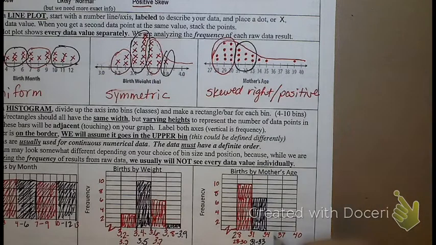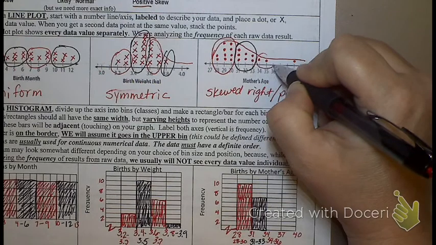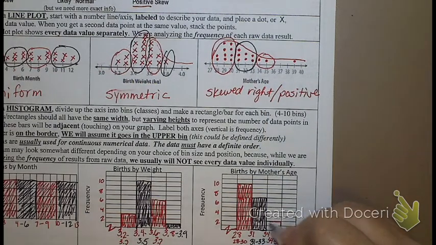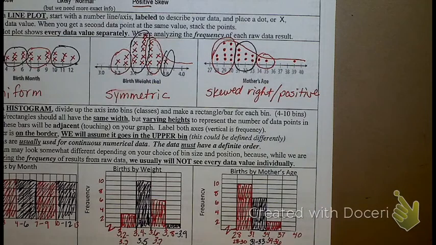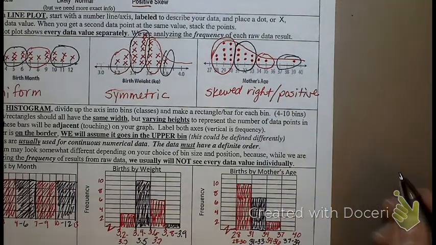And then the next one would be what? 34 to 36. And it looks like I only have 2 in there. And then finally 37 to 39. I only have 1 dot in that range.